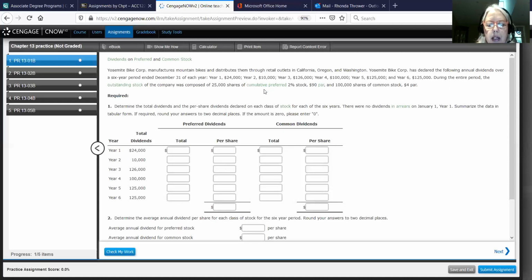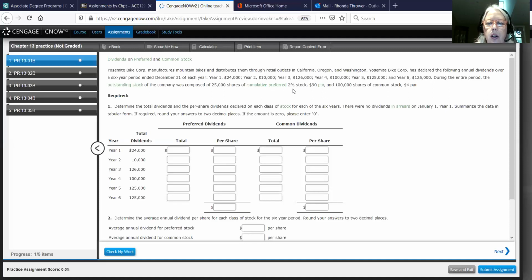It means the preferred stockholders will get all the dividends owed to them first, and then if there are any remaining dividends left over, we'll pay our common stockholders.